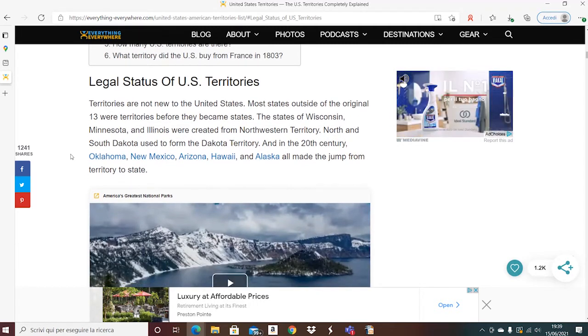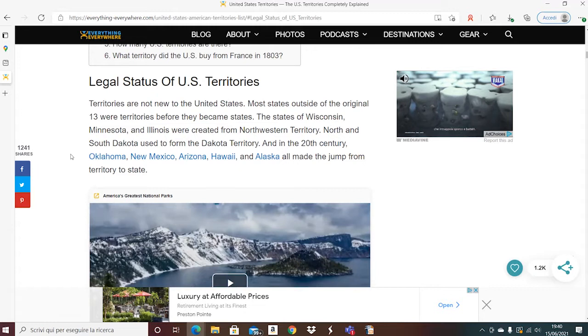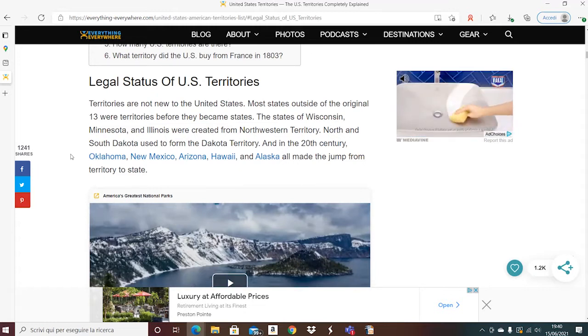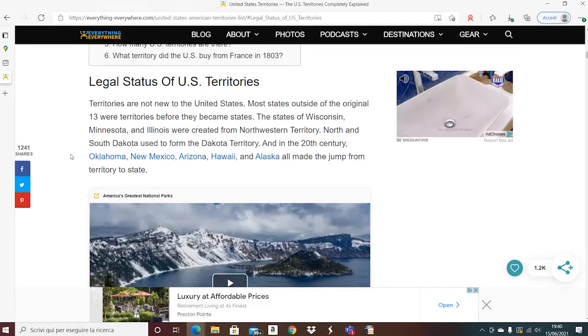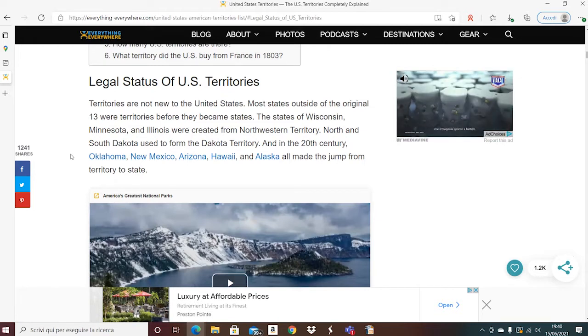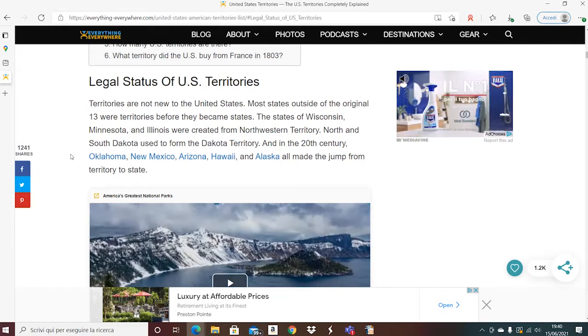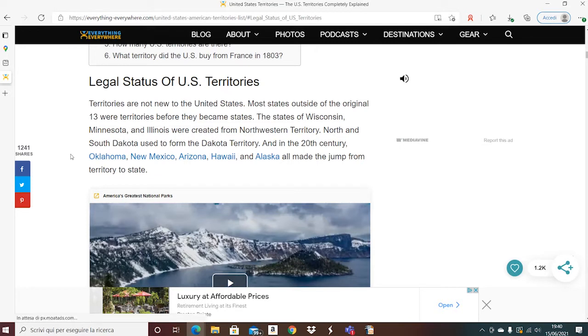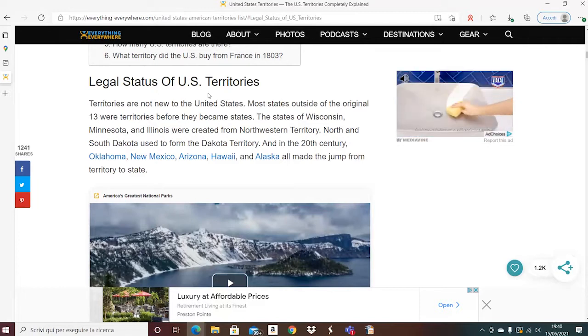Okay, so let's start. The legal status of the US territories. So we have the United States of America itself, the states being part of the US, such as California, New York State, Texas, and all the many states being part of the US, and then we have other territories.